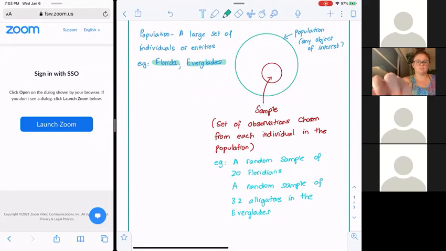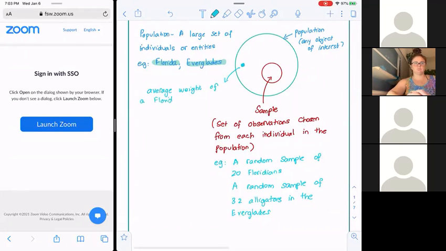Now, we have a population and we have a sample, but we'd like to know about a specific quantity of interest from the population. So let's just say I'm interested in the average weight of a Floridian. So that is one thing that I would like to know about a Floridian.